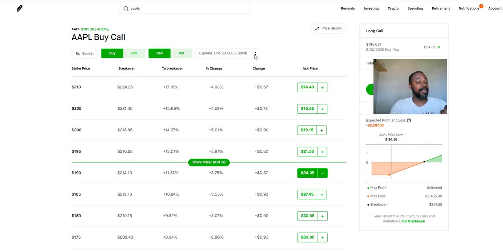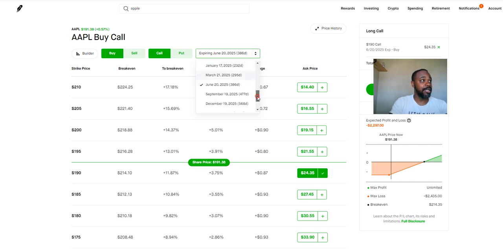Now, let's say that Apple takes a little bit of time to make the move to the upside. What you can do is what we call rolling the options up. Let's say you bought it at an expiration date of June 20th of 2025.